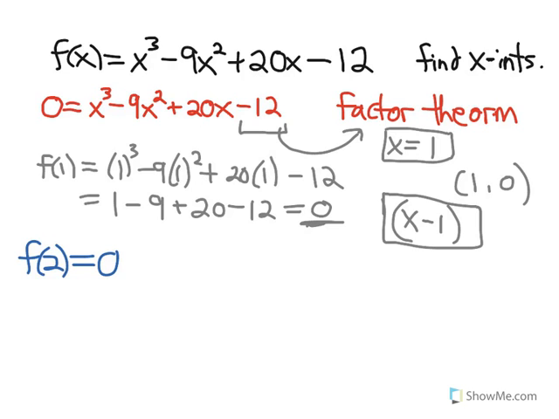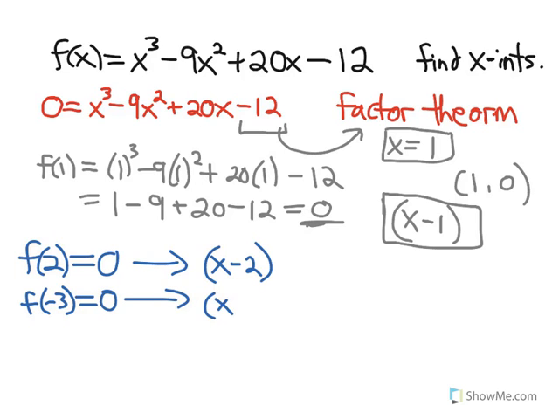Then we would know that x minus 2 is a factor. Or if we tried negative 3, which is also a factor of negative 12, and that came out as 0, then we would know that x plus 3 would be a factor.